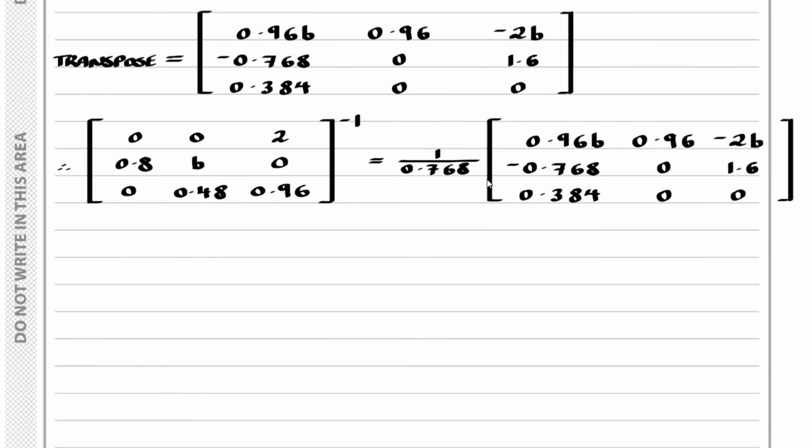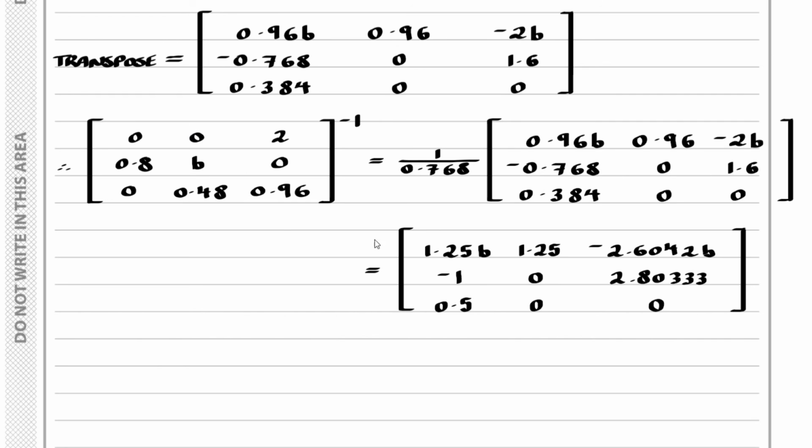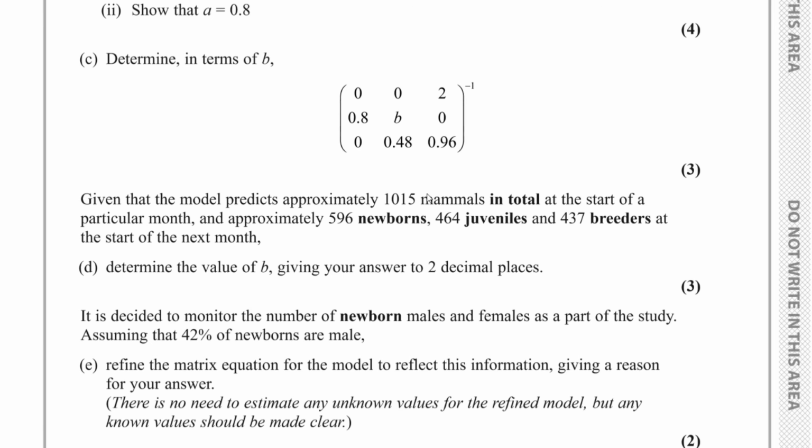If I multiply the 1 over 0.768 into this matrix, we end up with the inverse of our matrix M equaling 1.25B, 1.25, negative 2.6442B, negative 1, 0, 2.80333, 0.5, 0, 0. So that's the inverse of our matrix.